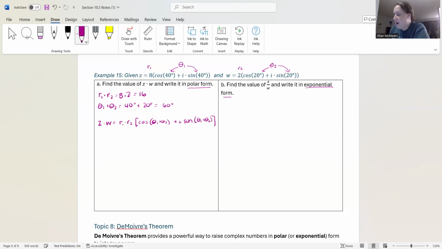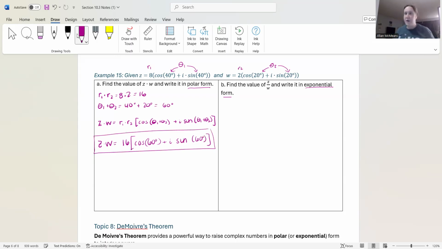We've already done the side work for the thetas and the r's, so we're just going to get z times w equals 16 times cosine of 60 degrees plus i times sine of 60 degrees. And that's it. Now, we don't need to evaluate. If we were to evaluate, that would get us to rectangular form. We are not being asked for a rectangular form of a complex number. We just want the product of two numbers that are in polar form.